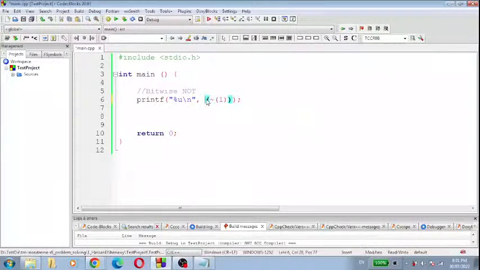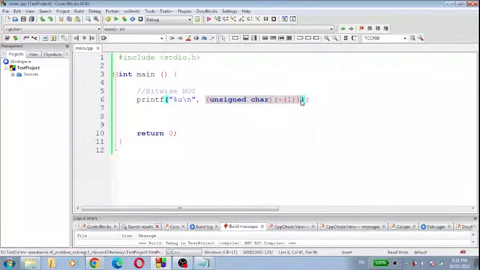This is called casting, type casting. I'm going to cast whatever is within these two brackets to be of the type unsigned character, in order for the format to work well on this whole expression.